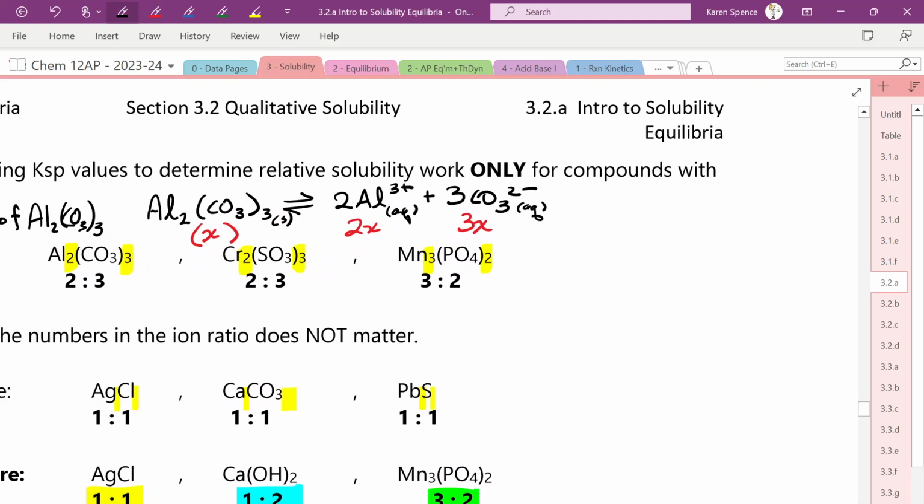If this was a written response question, what would you do next? KSP. KSP equals Al3+ squared times CO3 2- cubed.